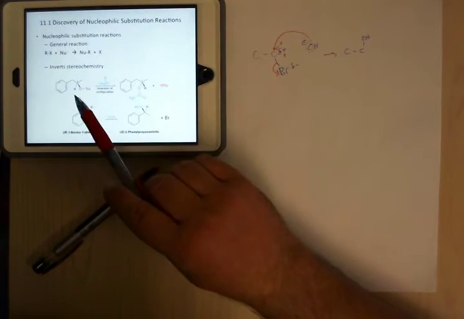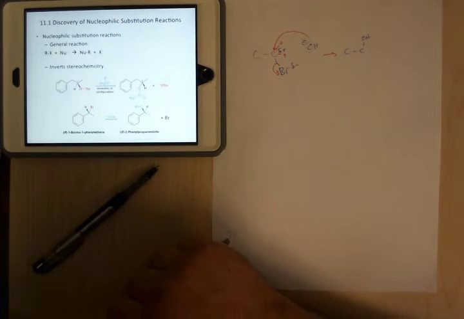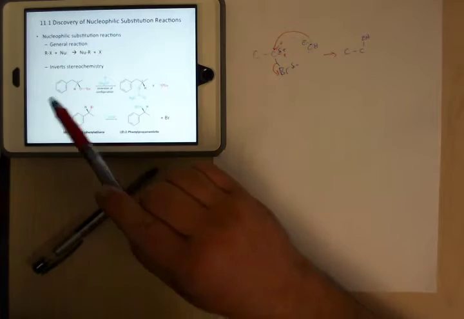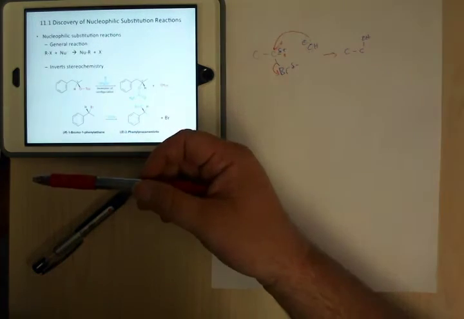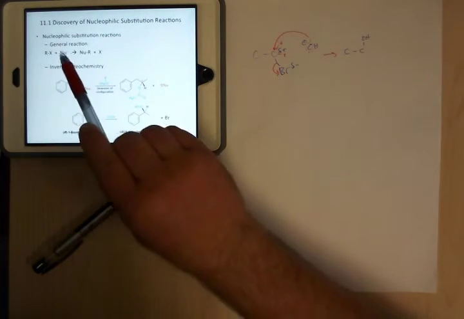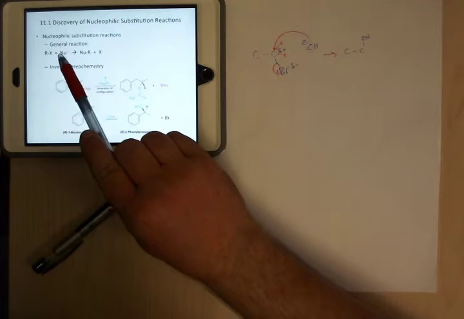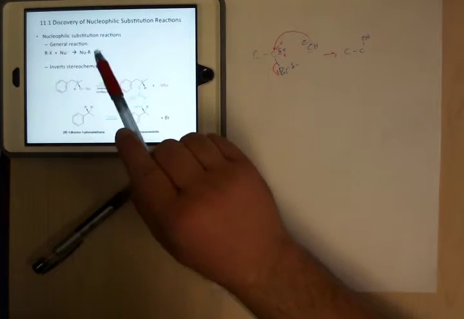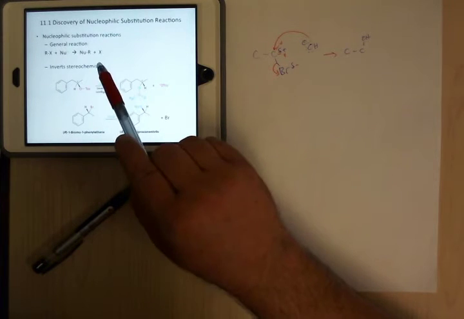Okay, so one of the things noticed in the discovery of these reactions is that X would be your leaving group, usually something electronegative, like a halide. Your nucleophile substitutes in wherever that leaving group is, leaving your leaving group with a negative charge.